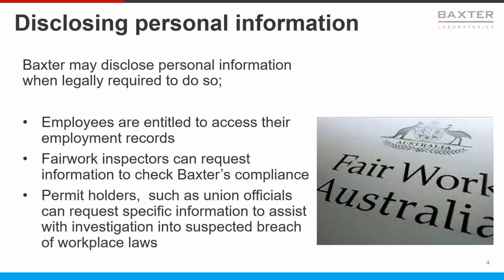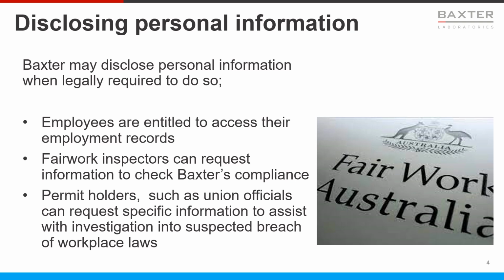You are entitled to obtain your employment records. If you ask your manager, copies will be made available. Fair Work inspectors can request personal information to check that Baxter Laboratories is compliant with the relevant Fair Work laws. Permit holders, generally union officers, can request information if they believe workplace laws have been breached.